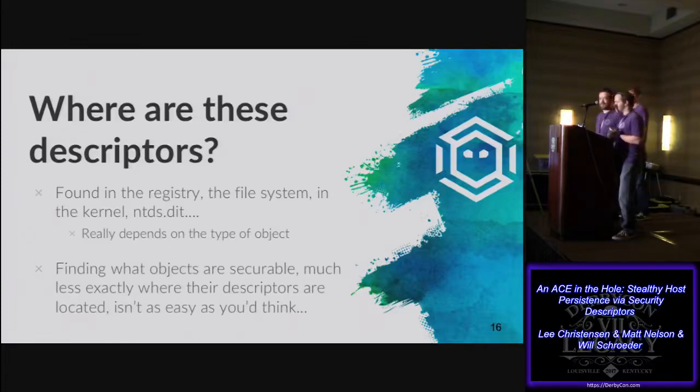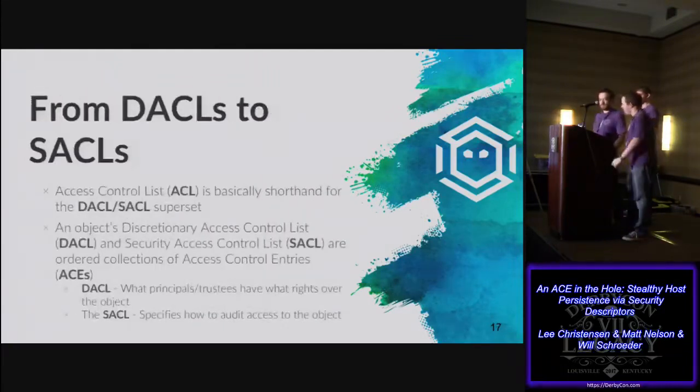And finding what objects are securable and where those security descriptors come from isn't exactly an easy task. It depends on the object type, and it's not exactly trivial to determine where that security descriptor comes from.